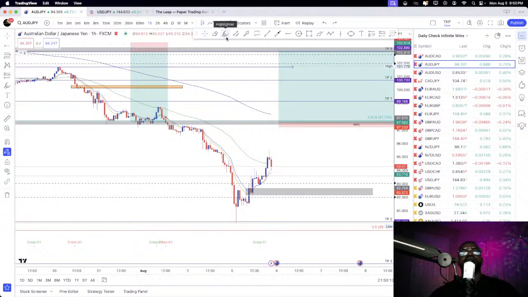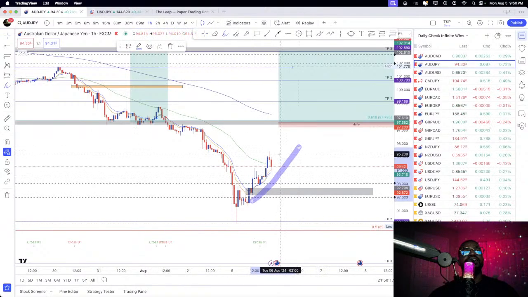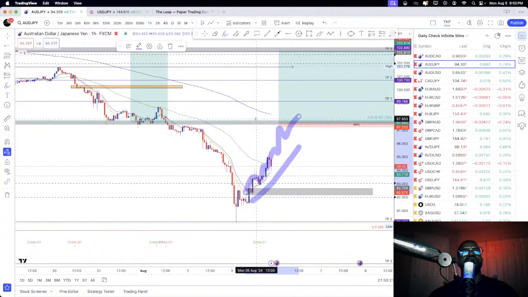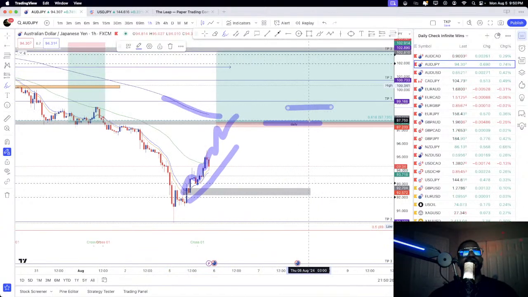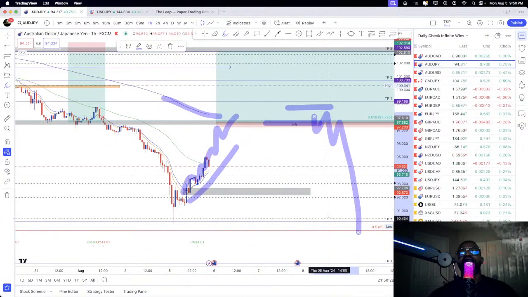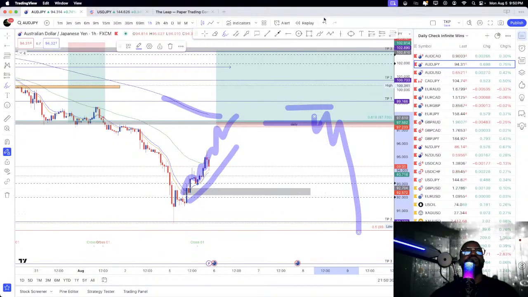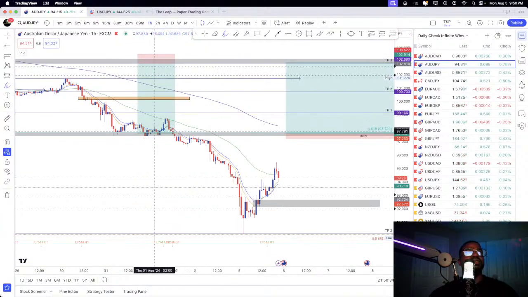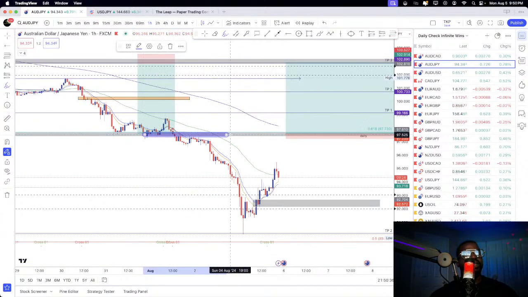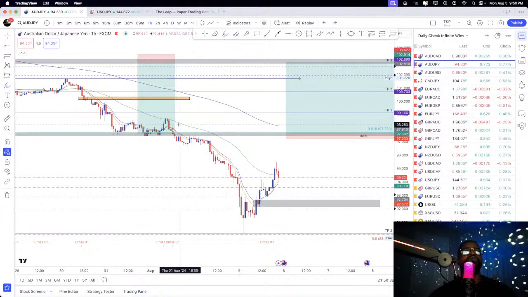Now, this is also conditional, meaning if this thing continues to go up here during the London session and it tests this level, I'm selling from here. Okay? I'm selling from there. No questions asked. And those are the conditions because this was a daily level that just got blown through.